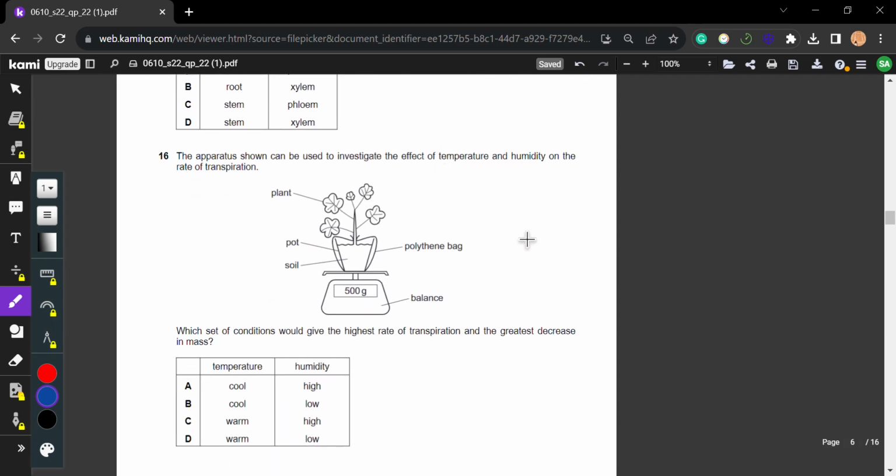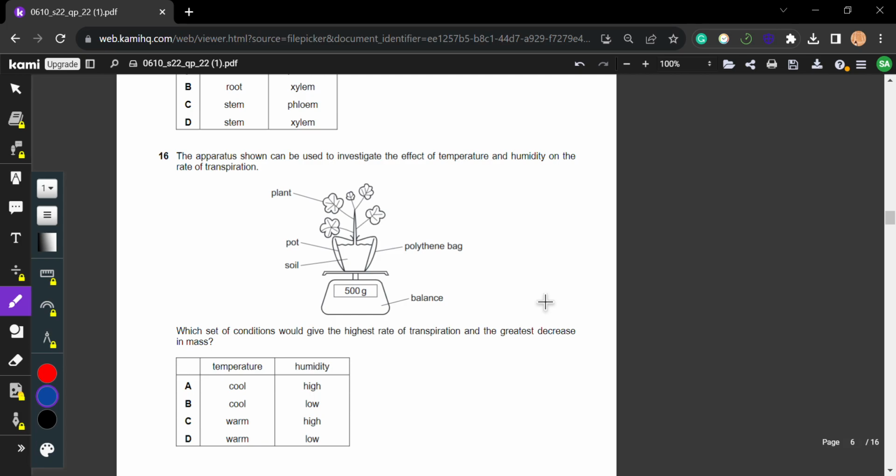The apparatus shown can be used to investigate the effect of temperature and humidity on the rate of transpiration. Which set of conditions would give the highest rate of transpiration and greatest decrease in mass? Okay, the highest rate of transpiration occurs when the temperature is warmer. Why is this? Because molecules have a higher kinetic energy and are able to move around faster, which means they escape from the plant faster, which means that temperature should be warm.